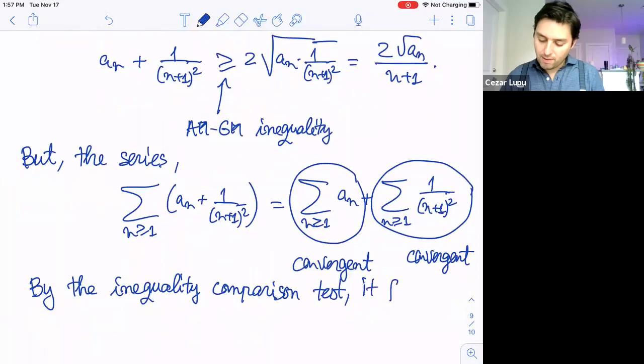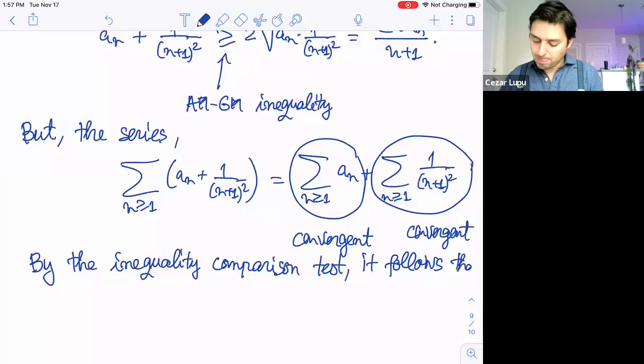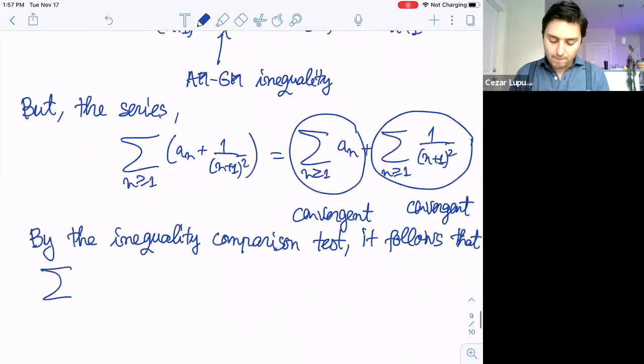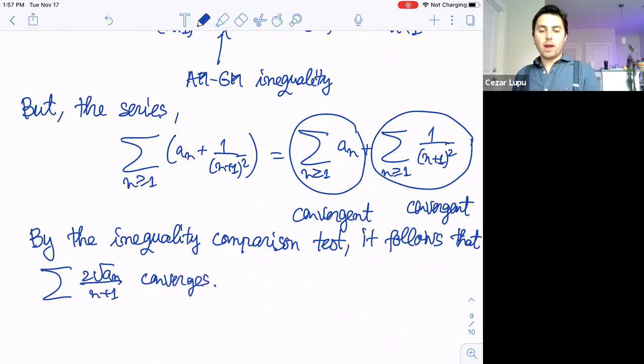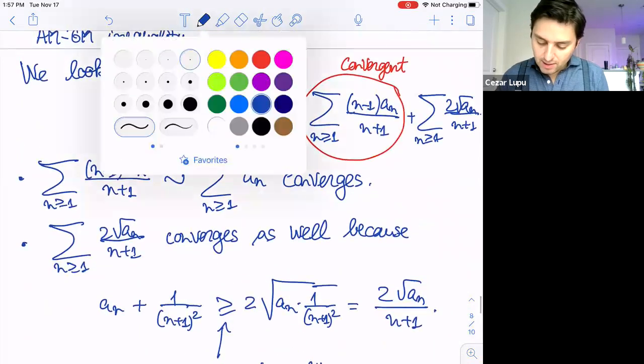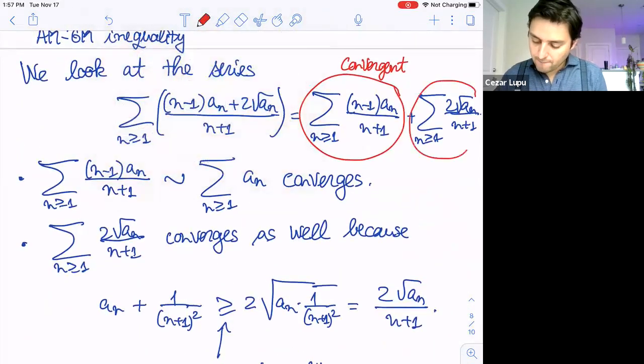By the test, it follows that this guy converges. All right, so finally, we can say that this guy is convergent as well.